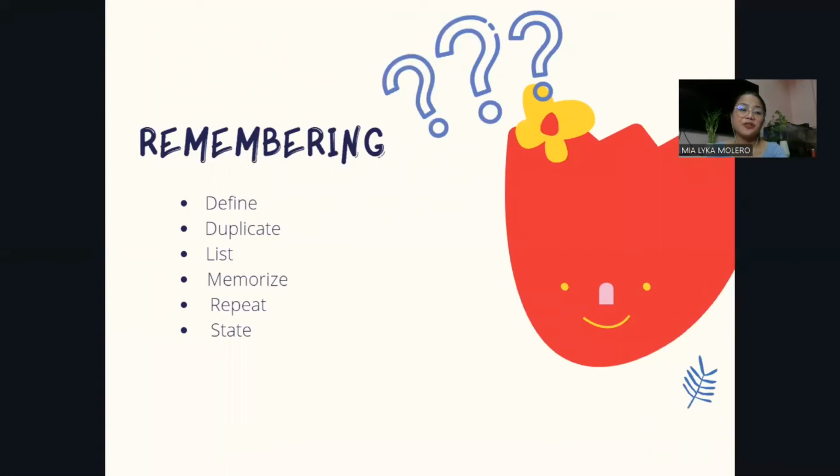So it is a simple retrieval, recall, and recognition of essential and relevant knowledge from long-term memory. So in this level of cognitive learning, students will be able to find and remember information, and we can use the words define, duplicate, list, memorize, repeat, and state.